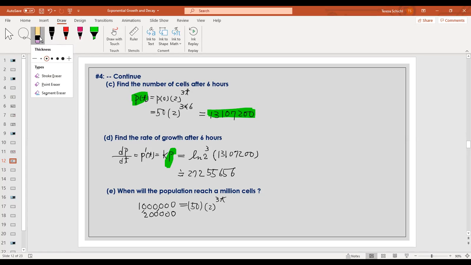So you just divide, and then this will be 2 to the 3t. Then you take the natural log of both sides, so you will get 3t times the natural log of 2 is equal to the natural log of 20,000.